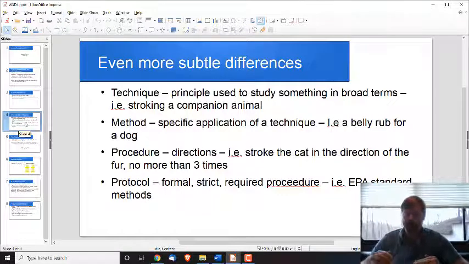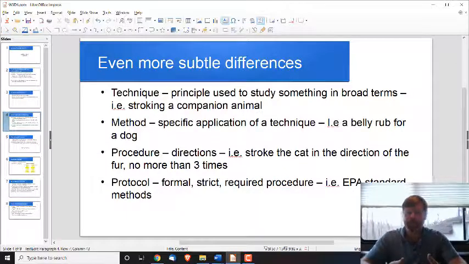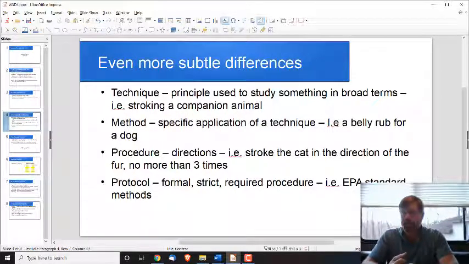Protocol is the final level of specificity, of detail. It's generally strict, formal, something that's required by law for some reason. So your EPA standard methods are protocols.